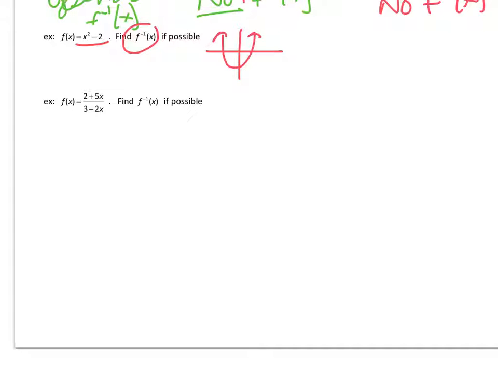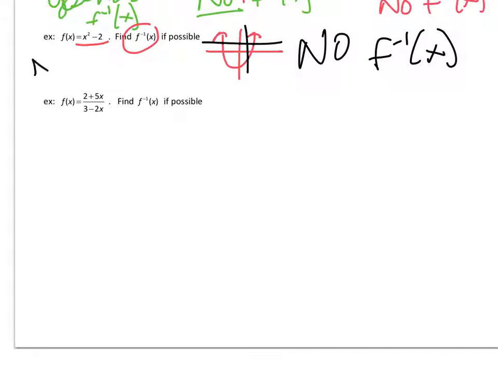It will pass the vertical, but it is not going to pass the horizontal. So there's no inverse. Okay, you might just want to keep this in mind when you're doing your tests later on, that we might ask you questions like this, and it looks like you have a lot of them, but we want to see if you understand this. So make sure that you remember this.